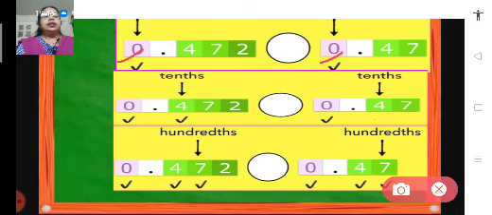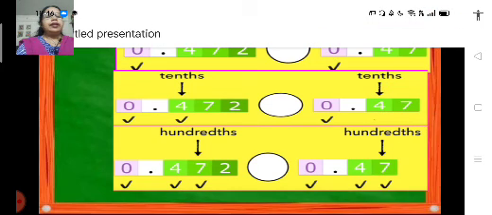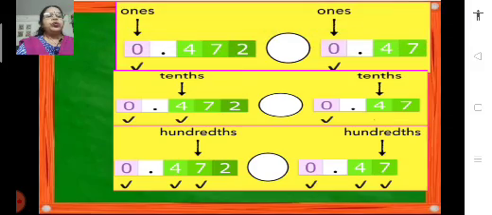In that case, we move further and compare the digits in tenths place. Here we can see in tenths place also the digits are same. Then we move further right to the hundredths place, and here we can see that in hundredths place also we have same digits. That means hundredths are also equal. In that case, what do we do?